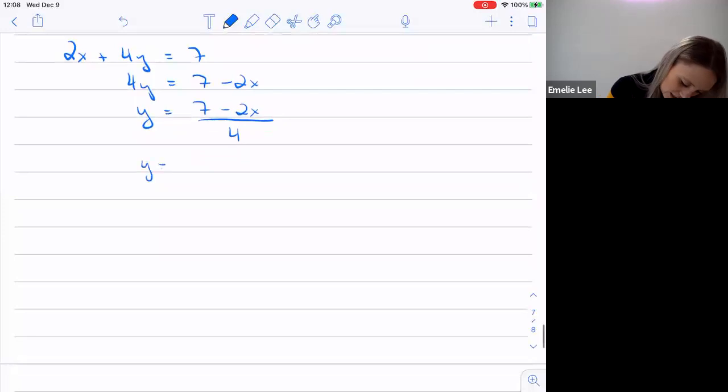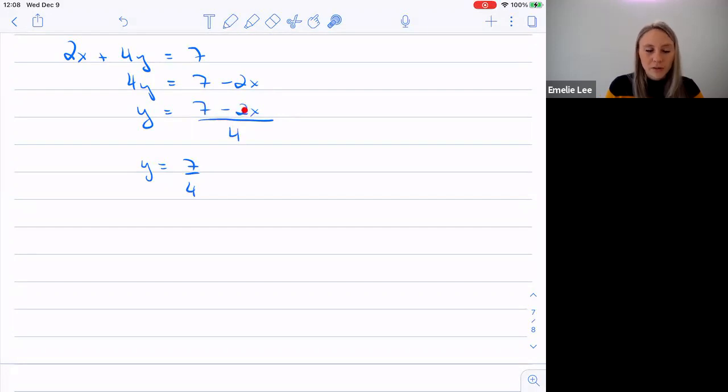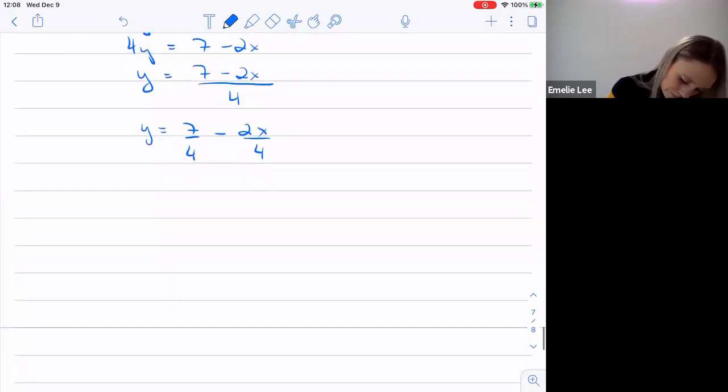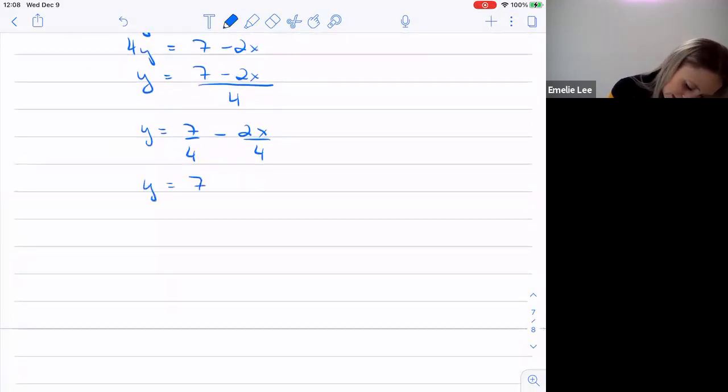So I get y is 7 over 4, right? I can split this up as long as I put both terms over 4. 7 minus 2x over 4. So y is 7 over 4 minus, or maybe I'll write 1/2 x.